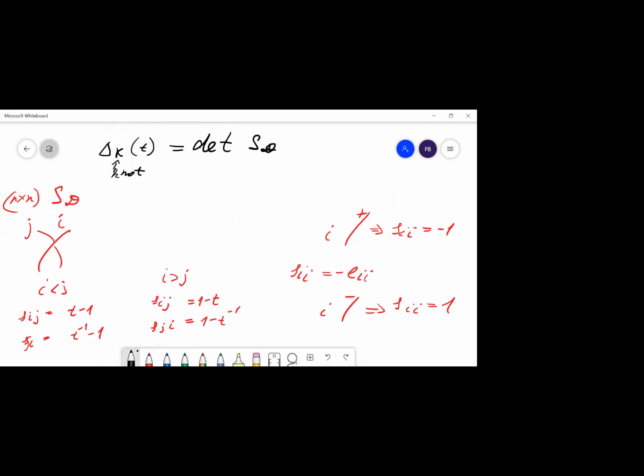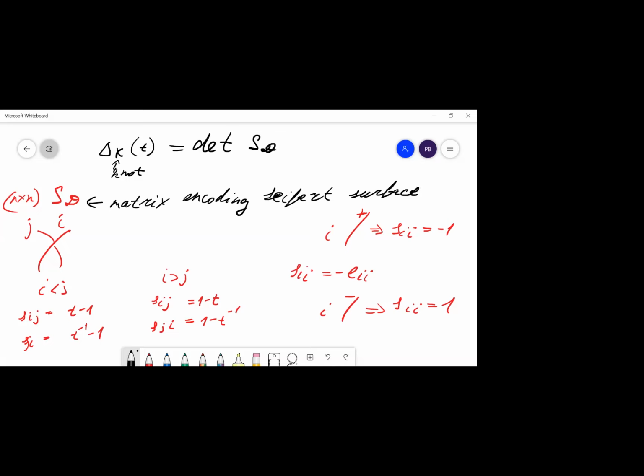It's the matrix encoding the diagram, and we just call it like that.